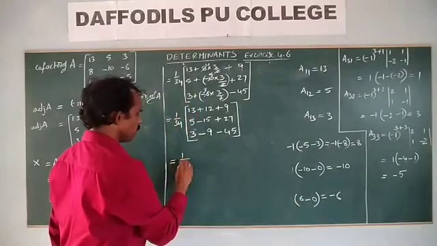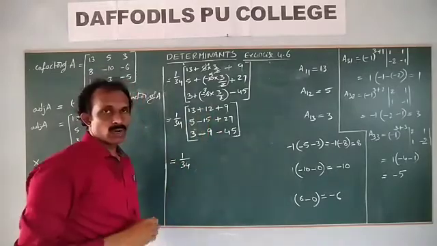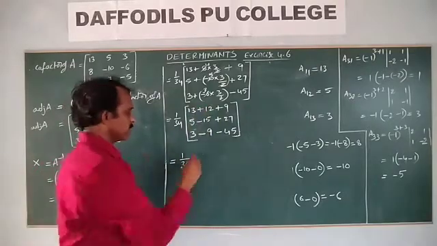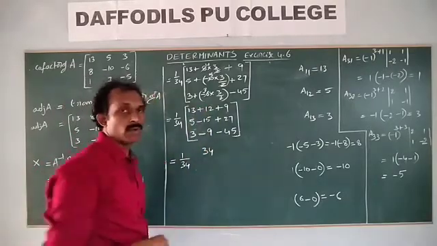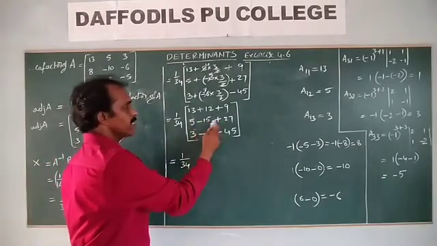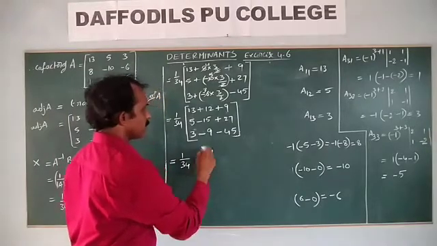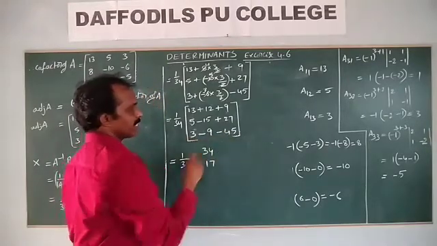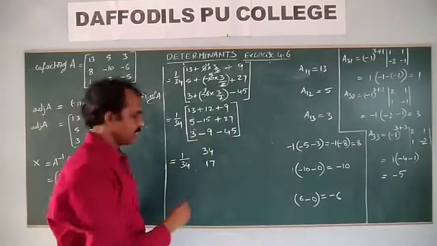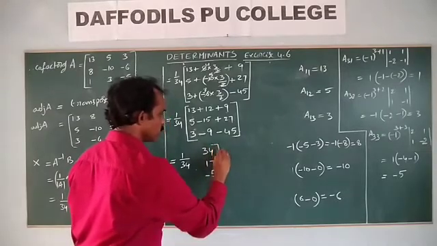This is equal to 1 by 34 of 13 plus 12, 25, 25 plus 9, 34. Next 5 minus 15, minus 10, minus 10 plus 27, 17. Minus 9 minus 45, minus 54, minus 54 plus 3, minus 51.